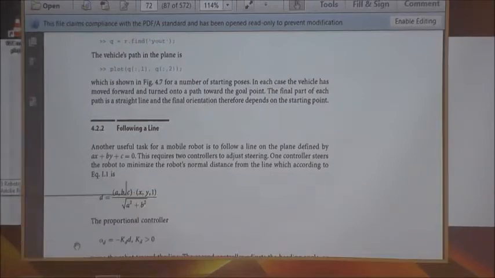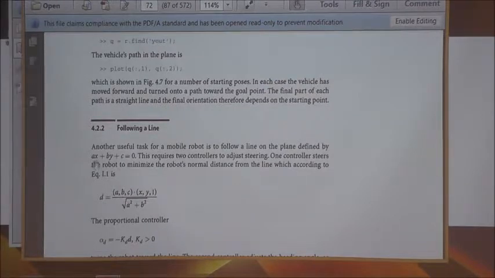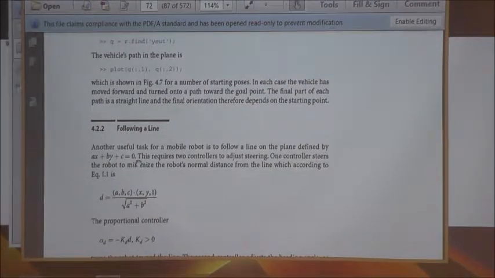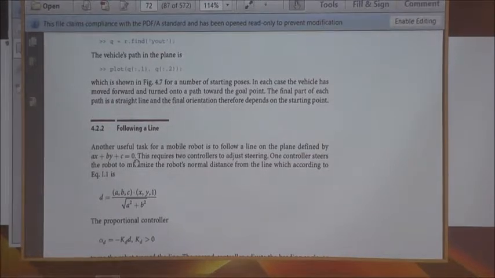Okay. So we are dealing with a line defined by ax plus by plus c equal to 0. This is the equation of a line in two-dimensional space. A, B, C are given to you, are known. This requires 2 controllers to adjust the steering.